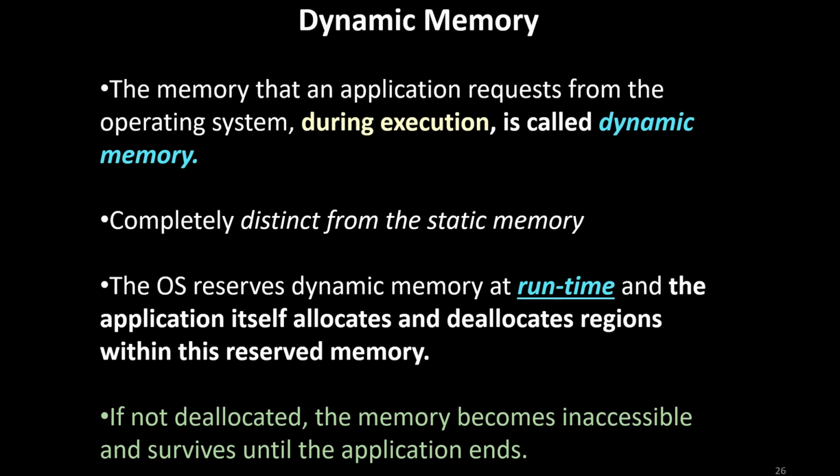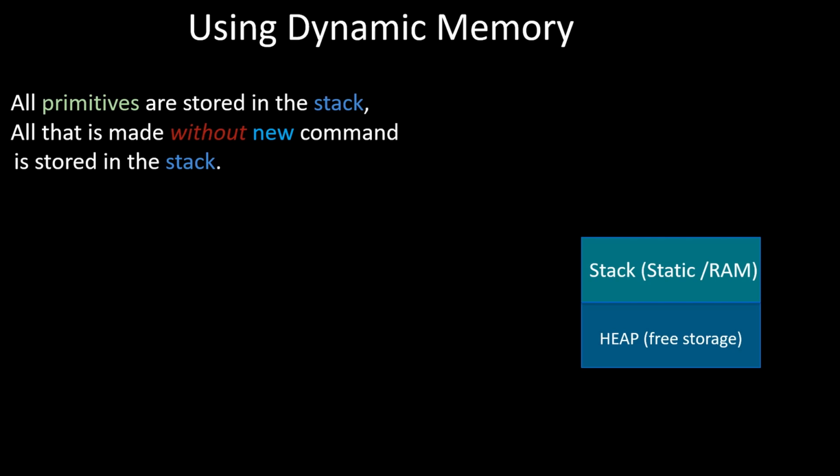Something that's important to note is that if you do not deallocate, the memory becomes inaccessible and survives until the application ends. In terms of using dynamic memory, there are some things we should discuss before we go further. One is that all primitives are stored in the stack. All that was made without the new command is stored in the stack.